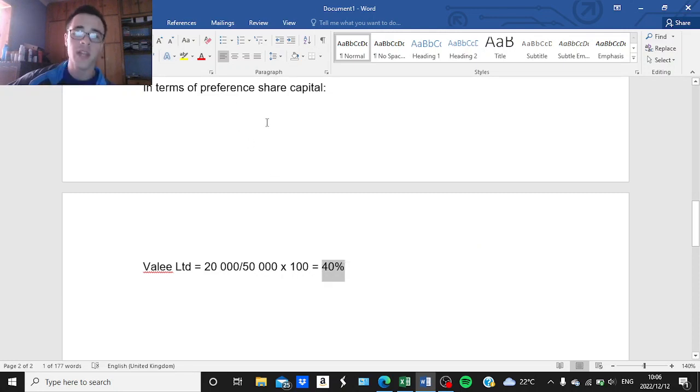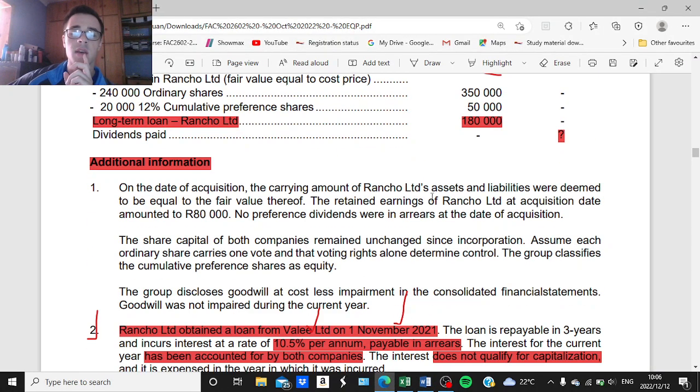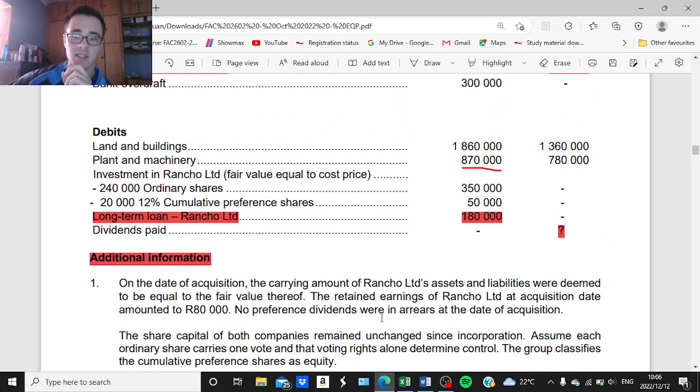However, for your ordinary share capital in FAC2602, the parent must have a majority shareholding in the subsidiary in order to have control, because in FAC2602, only the ordinary share capital is considered in determining whether the parent has control.